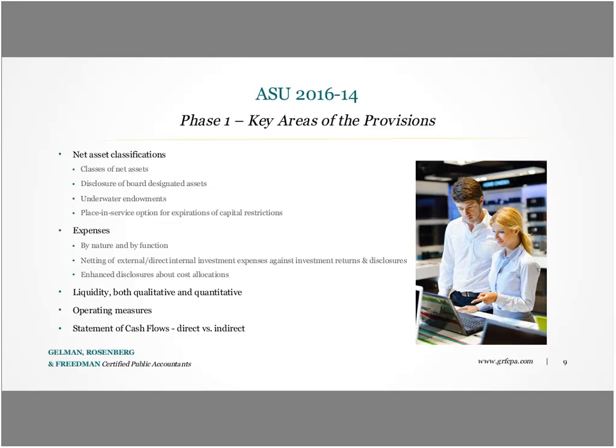Another key area is regarding liquidity, both qualitatively and quantitatively. And to fill the qualitative requirements, organizations should assess how they manage their liquid resources to ensure they can meet their cash needs for general expenses as of and within 1 year, respectively, of the statement of financial position date. Organizations should also evaluate their financial assets to determine their availability to meet cash needs and examine external limits imposed by donors, laws, and contracts, and to account for, analyze, and track any internal limits imposed by governing board decisions.